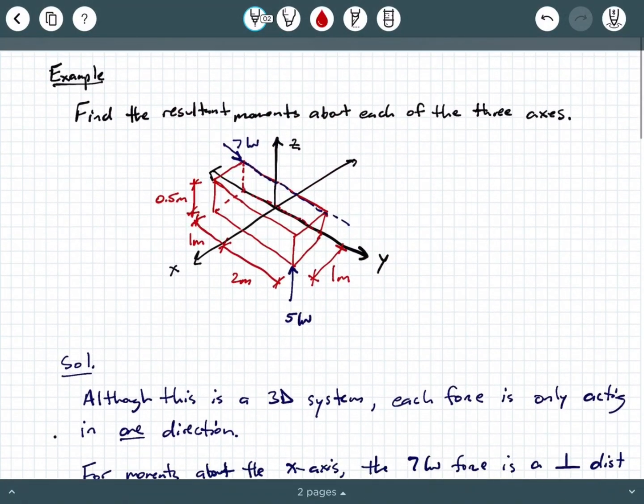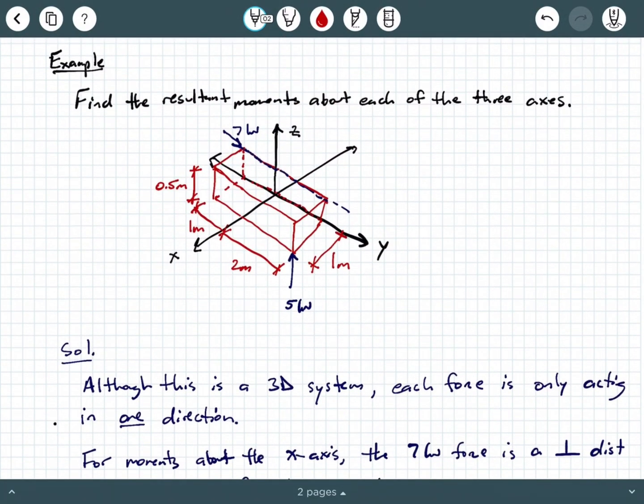And then likewise, none of these forces generate moments about the z-axis, okay? Let's talk about that. We have the z-axis here. The 7 kilonewtons is over here somewhere, but notice the line of action of the 7 kilonewtons intersects the z-axis.